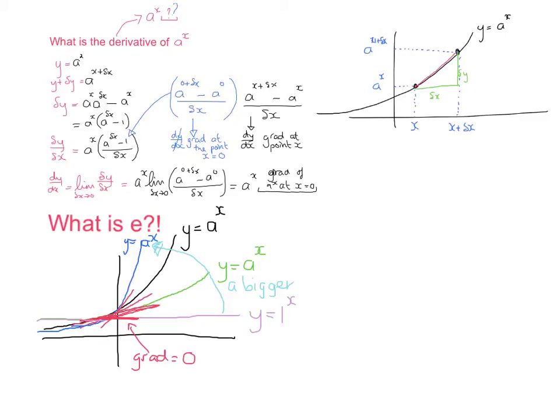As a gets bigger, the gradient at x equals 0 gets bigger. Hopefully you can see that from my beautiful sketch. Now, it started off here, the gradient, 0. Grad equals 0. And then as a gets bigger, the gradient gets bigger.